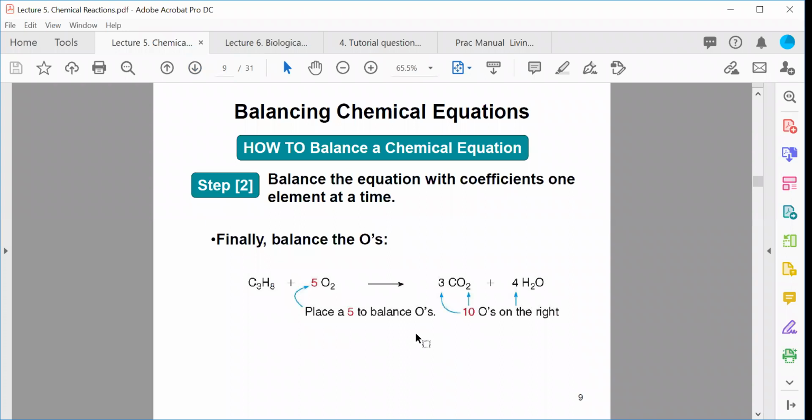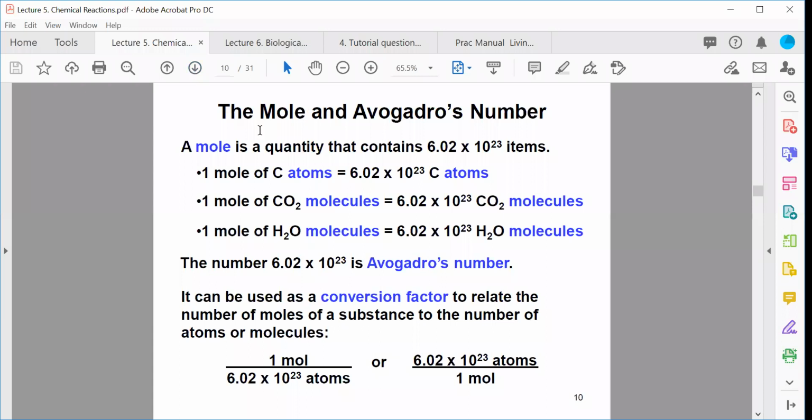Okay, so in order to do that balancing, 10 oxygens on the right, as we just showed, but here we only had 2, so we use that coefficient 5. 5 2s are 10, so we now have the oxygens balanced on both sides of the equation. Okay, so it's as simple as that. It sometimes takes a little bit to work it out, but you'll get to practice that with a couple of your tutorial questions. All right, so that's a good one to learn, how to balance a chemical equation.